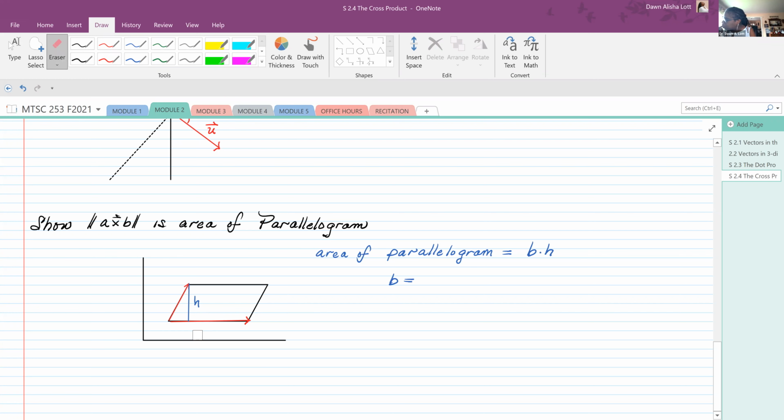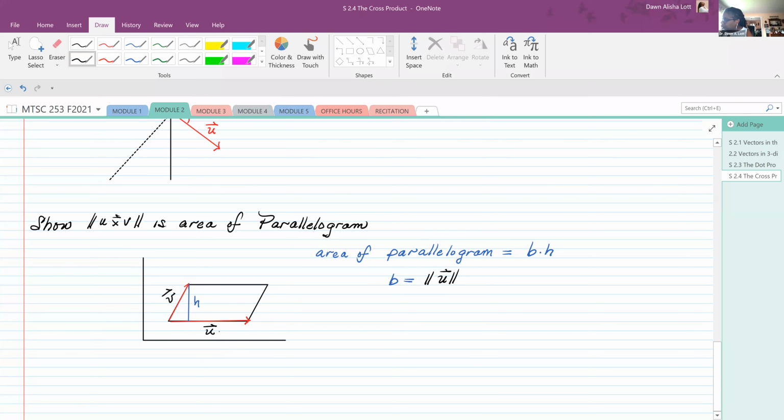Let's go back and make life easier and make this U cross V. So now the base is going to be U, and this side vector is V. So I have two vectors and they make up a parallelogram. So the length of the base is the length of U. However long U is, that's the length of the base.